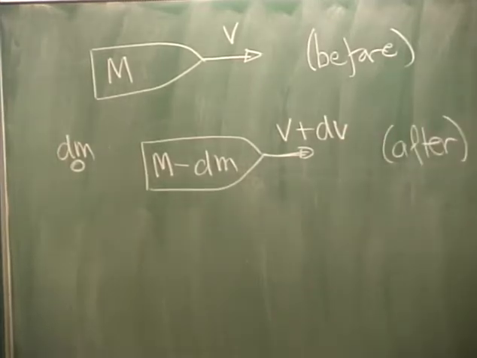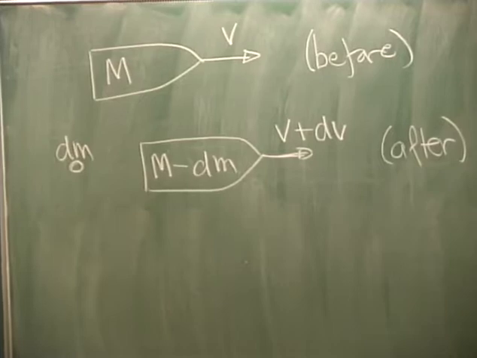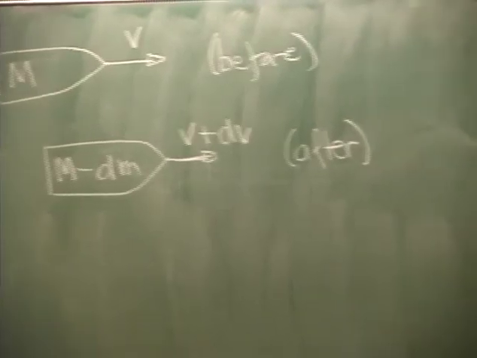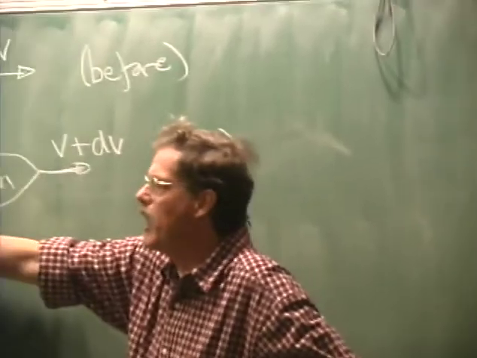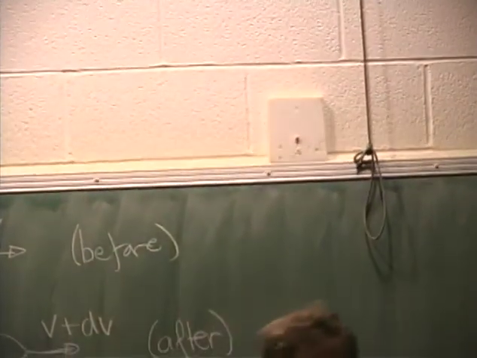Now, how shall I represent the velocity of that expelled snowball? This is the whole subtlety in the calculation. What is the velocity of that thing?